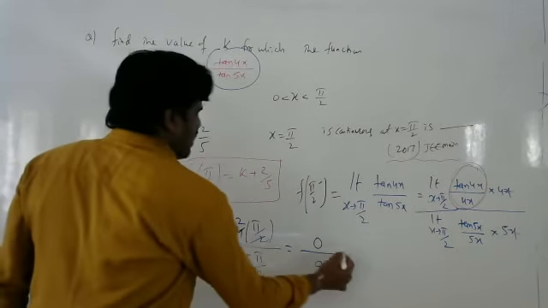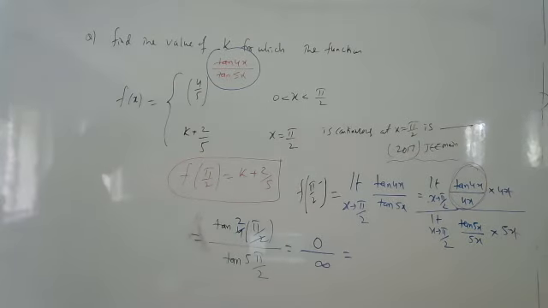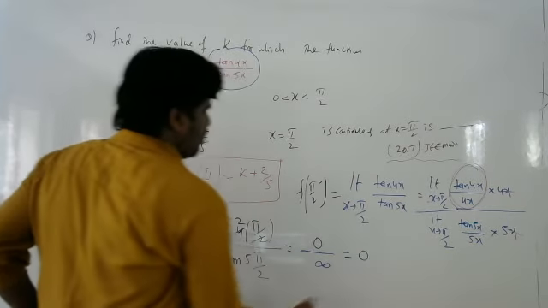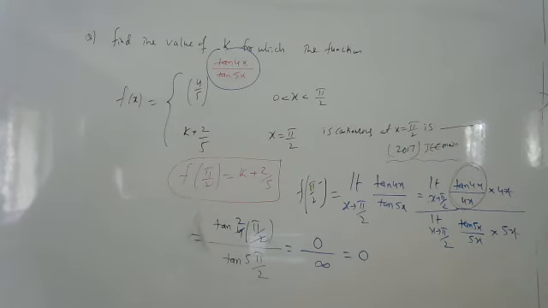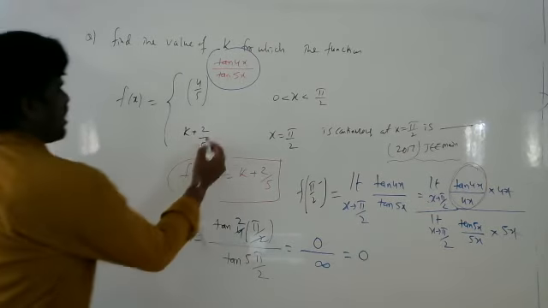So 0 by infinity is how much? 0 by infinity is 0. Then I can write this is equal to 0.